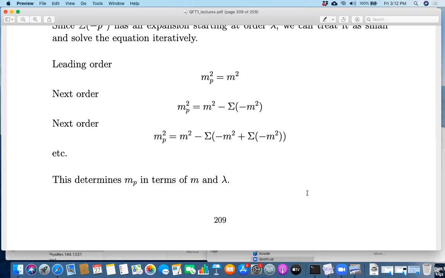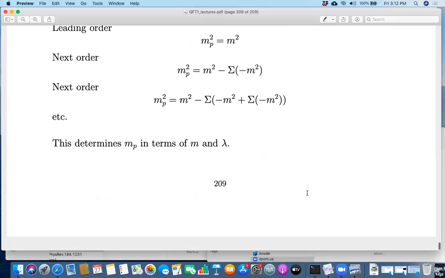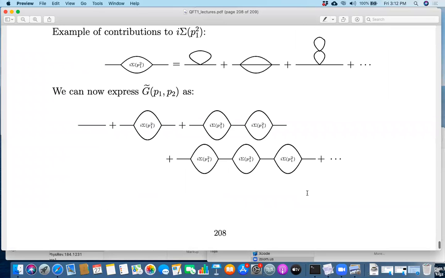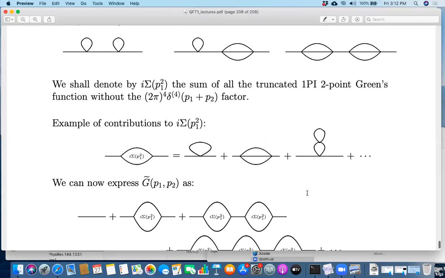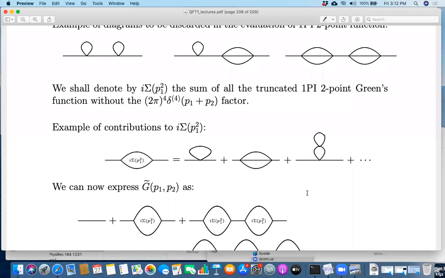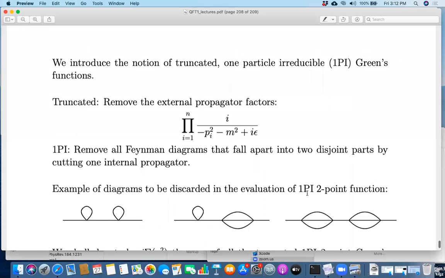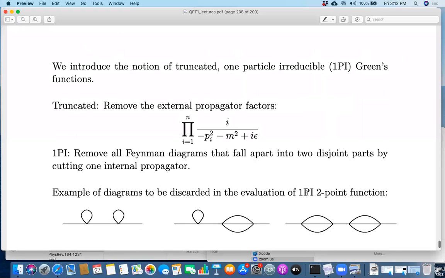Sir, one more thing. Can you go to the previous slide? So you're saying that this M_P squared will be a series, right?